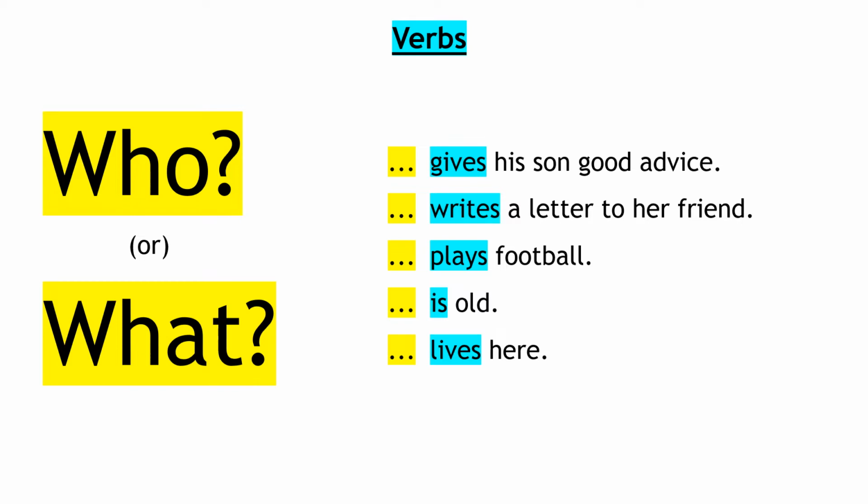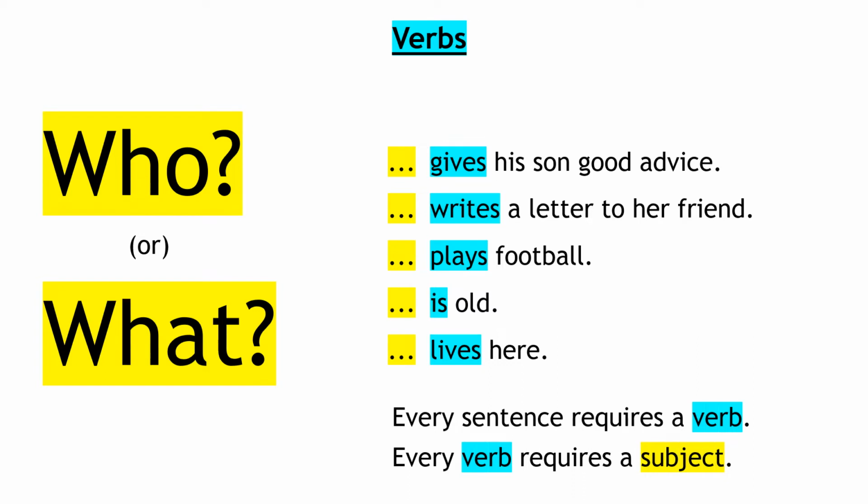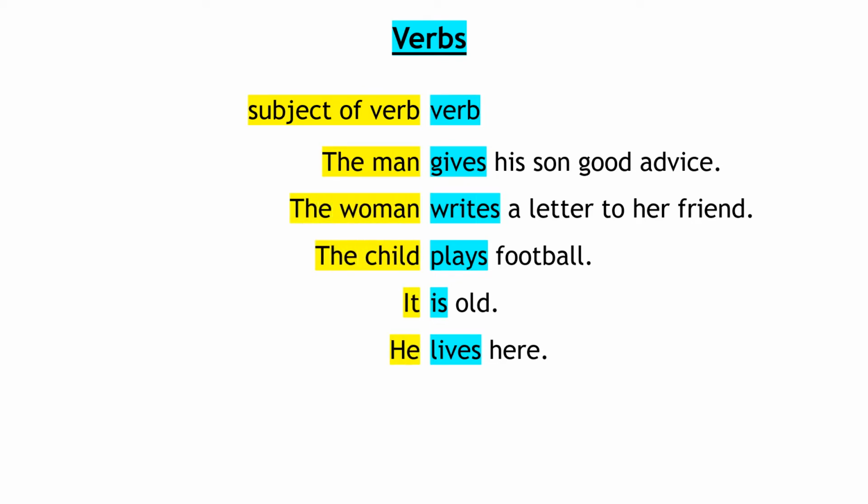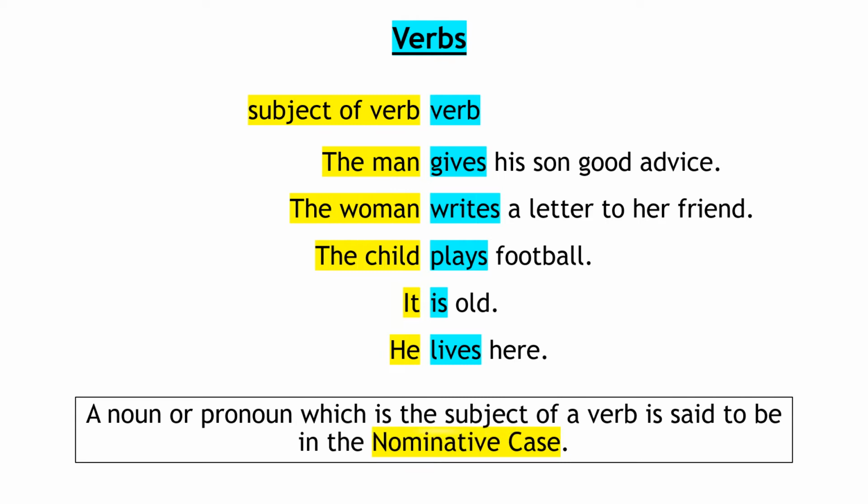Every sentence requires a verb, but it's also true that every verb requires a subject. So if we just provide a subject for each of these incomplete sentences, we can then come to this really important rule, which is shown for you at the bottom of the screen.